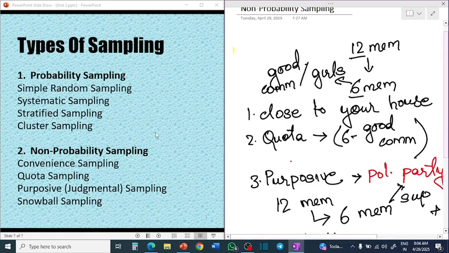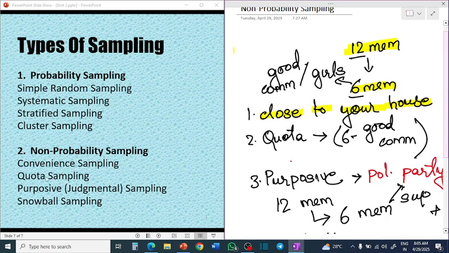We take the previous example: there are 12 members and you have to select 6. In convenience sampling, the researcher takes the sample according to their convenience. For example, you select the 6 members who live close to your house, so it is easier for you to collect the sample. This is known as convenience sampling.